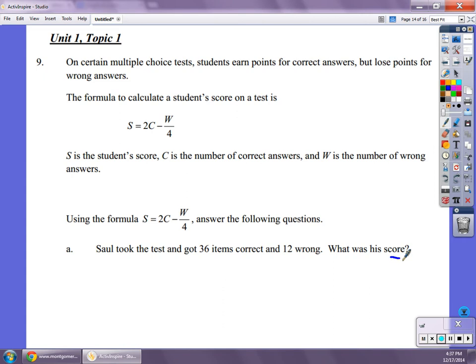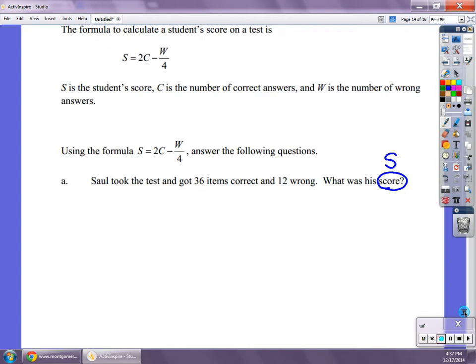If you remember from some of our other questions, we like having one variable in a problem. So let's rewrite our formula: S equals (2C minus W) divided by 4. We want S, so how can I get rid of C and W? Let's look back up at the question.